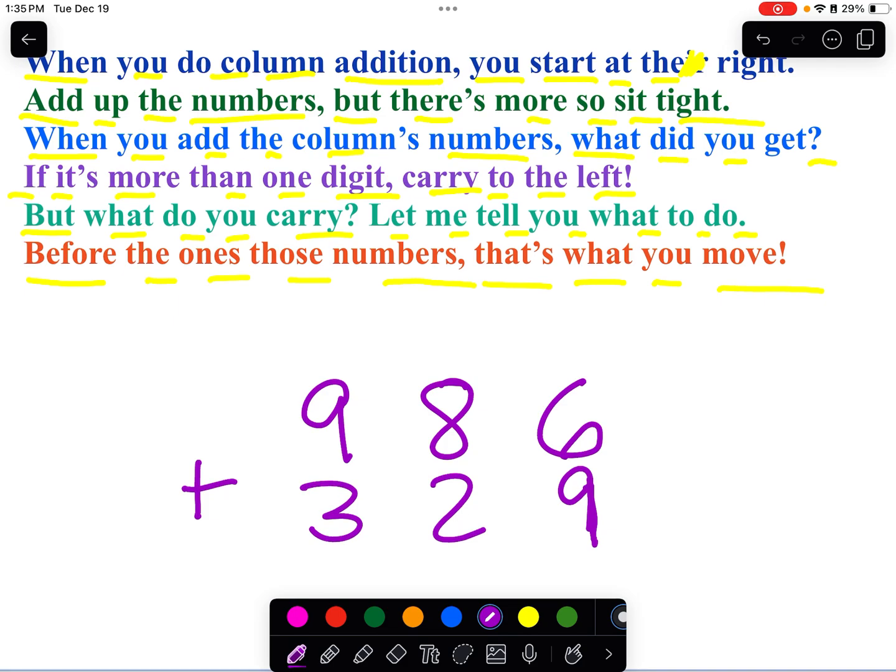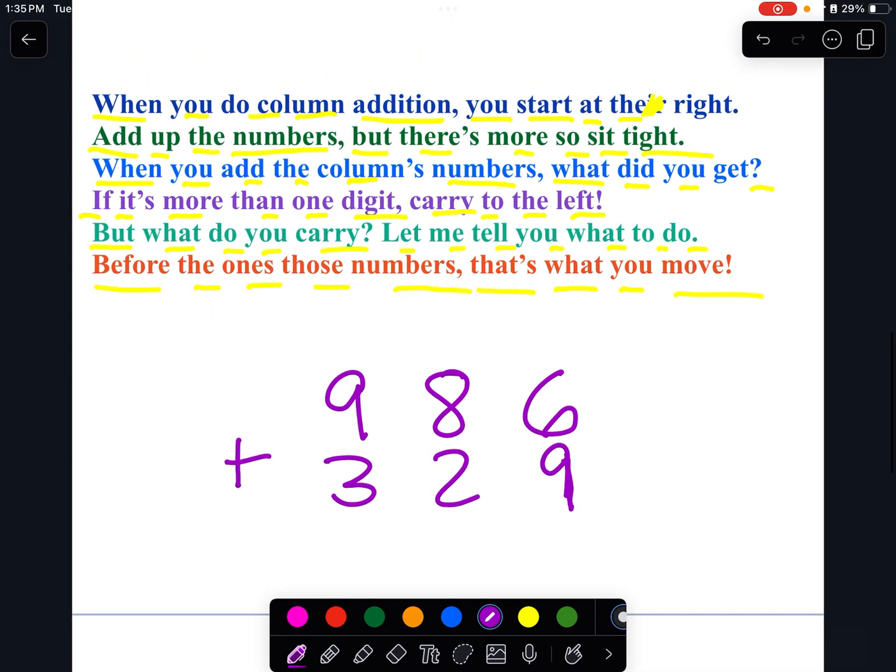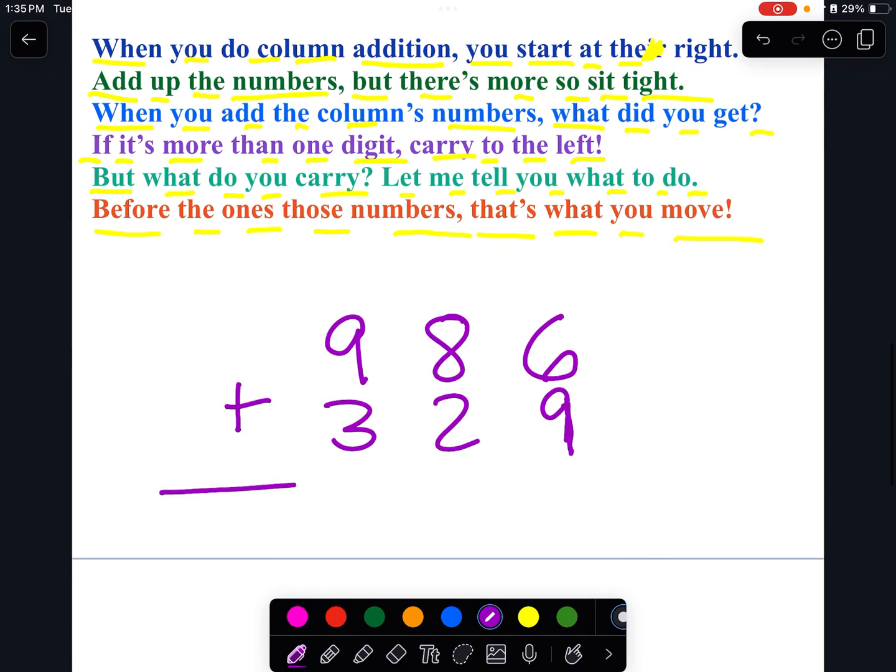Okay, let's do it. Actually, I'll make this a little smaller so you can see. First step, when you do column addition, you start at the right. That means the rightmost column. So what is 6 plus 9? 6 plus 9 is 15. Let me put that in another color.